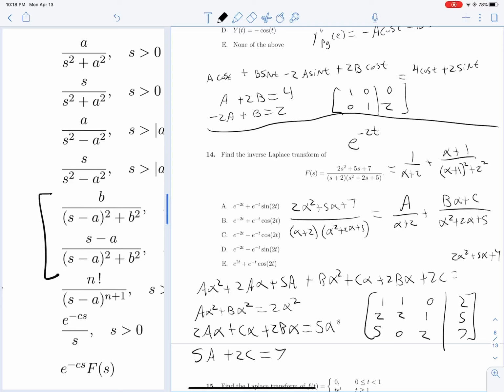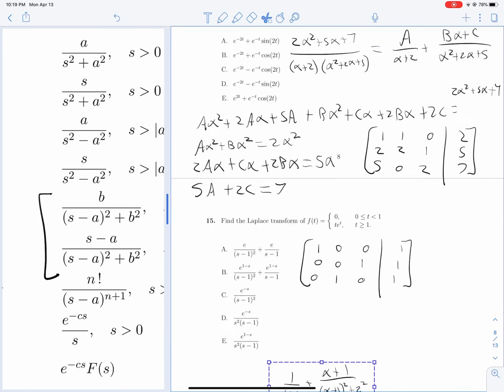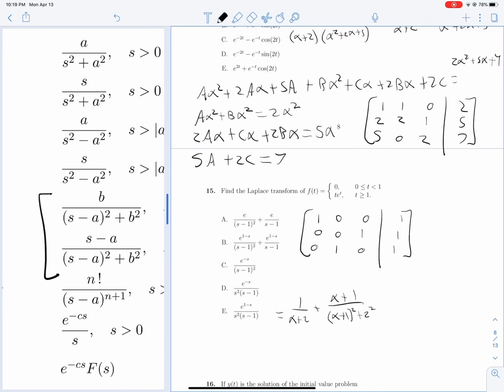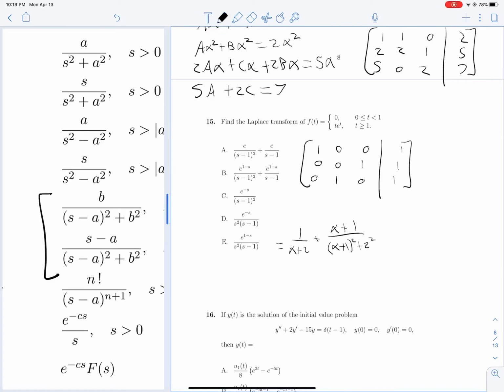Let's see, I need to go rearrange this. We're going to go all the way down here. We know that the inverse Laplace transform of this first bit, so we're forming an f of t here, is e to the negative 2t, because the a value is subtracted on the bottom, e to the at.